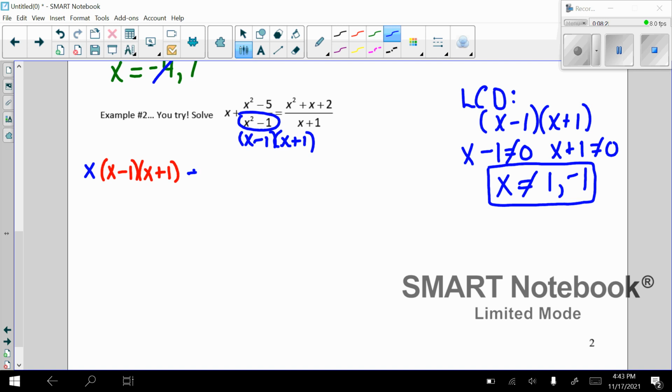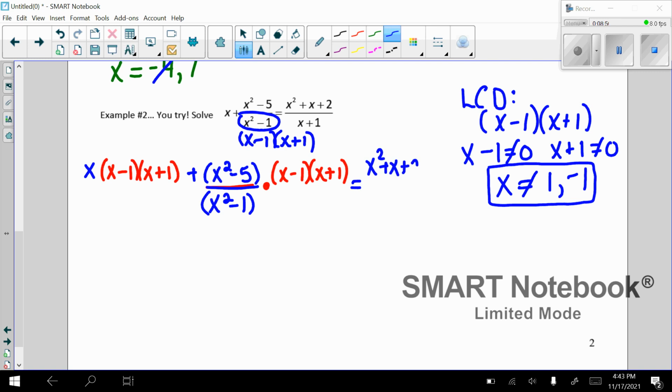Then we take our second term, x squared minus 5 over x squared minus 1, and multiply it by x minus 1 times x plus 1. And then we set it equal to x squared plus x plus 2 over x plus 1, and multiply all of that by x minus 1 times x plus 1. I'm running out of space here.